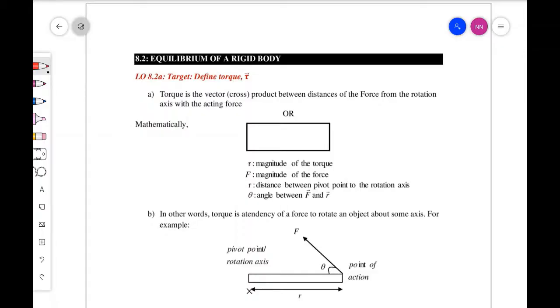Equilibrium of a rigid body. Okay, untuk 8.2a, define torque. So, torque is a vector or cross product between distance of the forces from the rotation axis with the acting force.